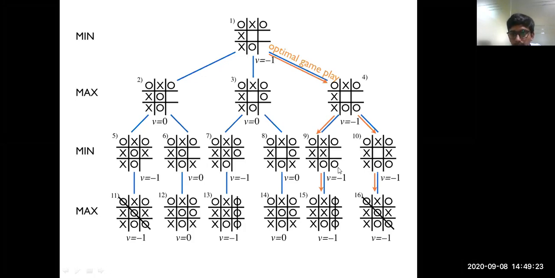Here, because the moves are leading to a solution, which can be diagonal or column-wise, this path is selected by this algorithm.